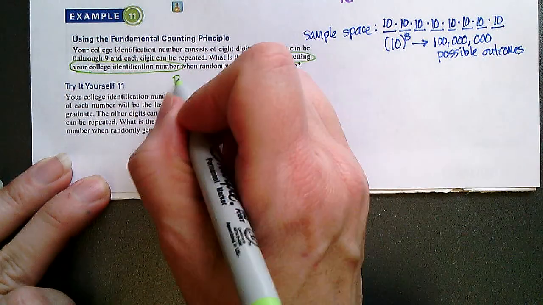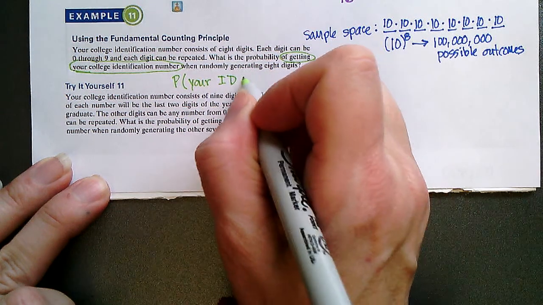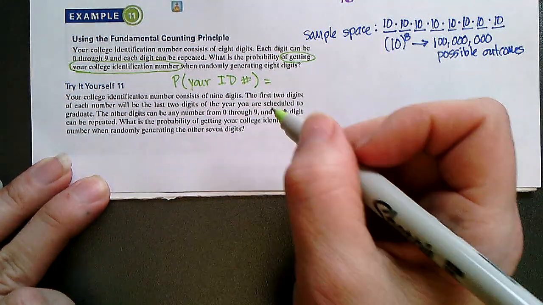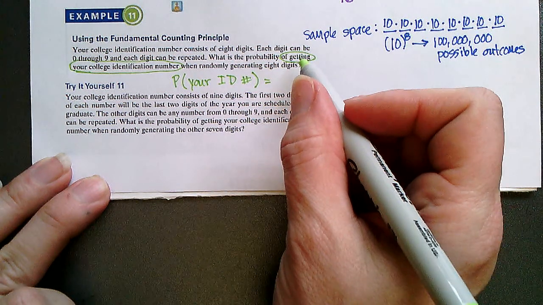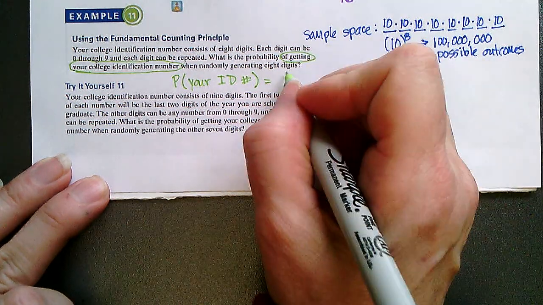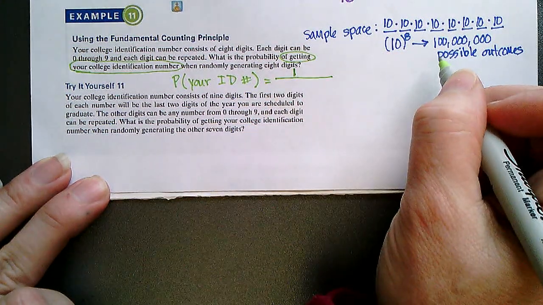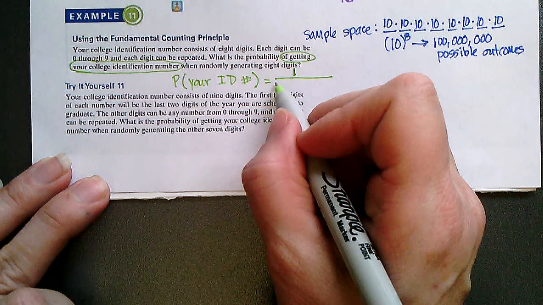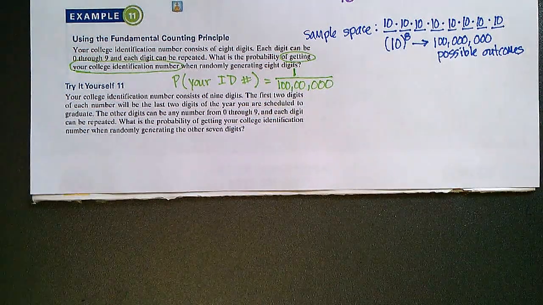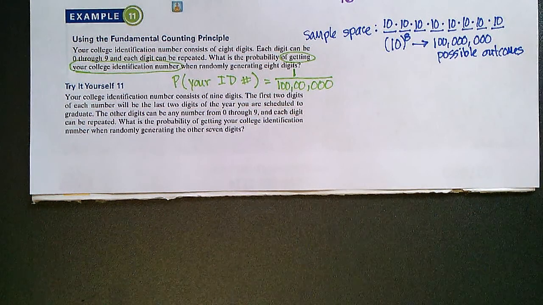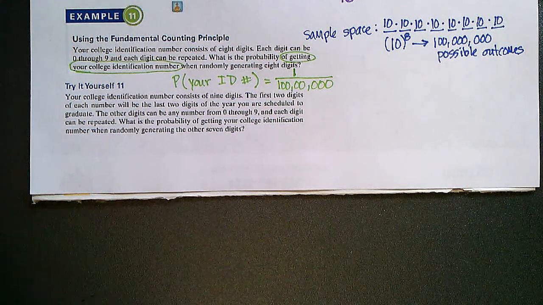So the probability of getting your ID number, how many outcomes are there in the event of getting your ID number? There's only one because you get one ID number. And how many in our sample space would be 100 million. So the probability of randomly generating your specific ID number is 1 in 100 million.